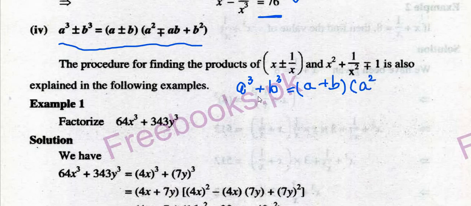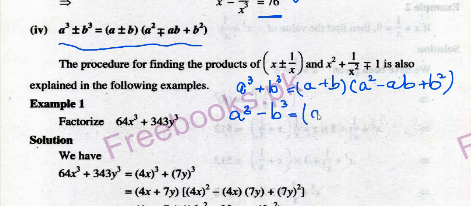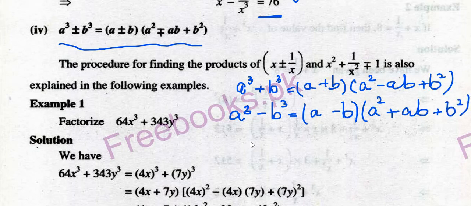If there is a plus sign, there is a minus sign. And for a cube minus b cube, you are going to write (a minus b) into (a square plus ab plus b square). There is a minus, you will use a plus. These are the two formulas.